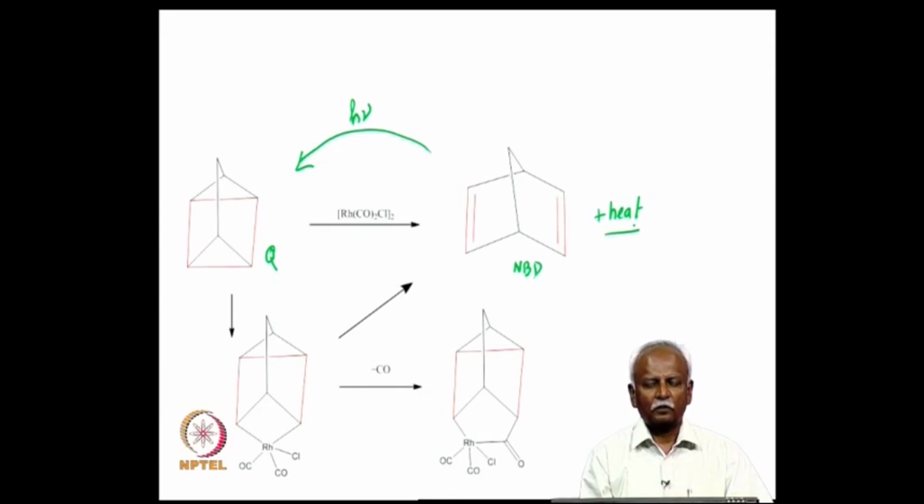Now, it turns out that the reaction which leads to conversion of quadricyclane to norbornadiene has to be catalyzed. It does not happen at room temperature without any catalyst, and that is because this is an orbital controlled reaction and the cycloreversion turns out to be difficult.